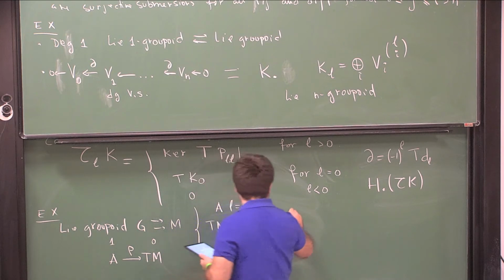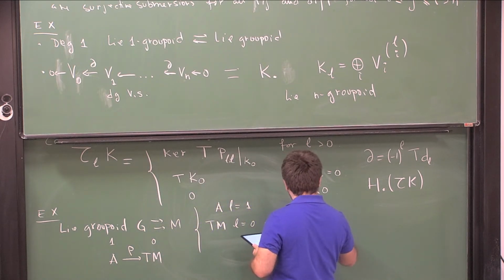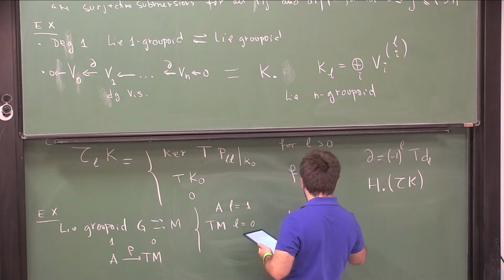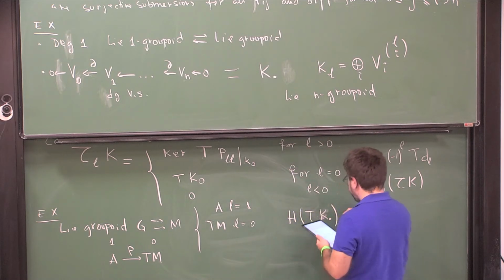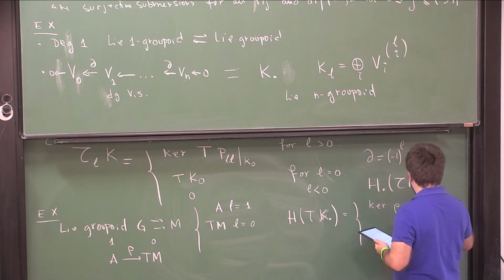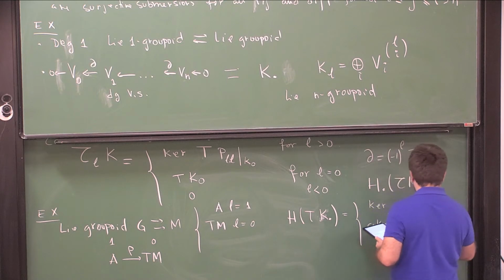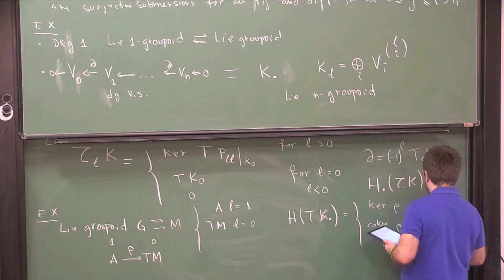And the homology groups are just the kernel of rho for i equal 1, the cokernel of rho for i equals 0, and 0 otherwise.